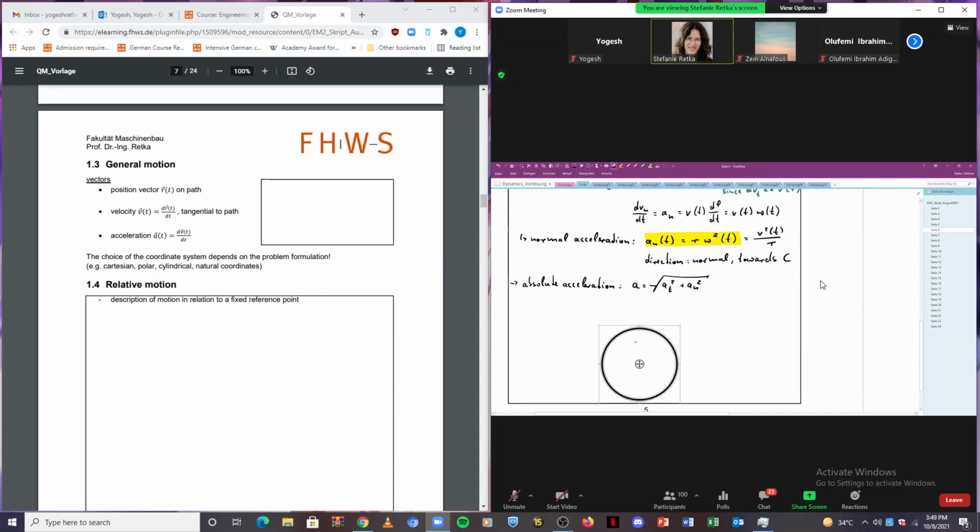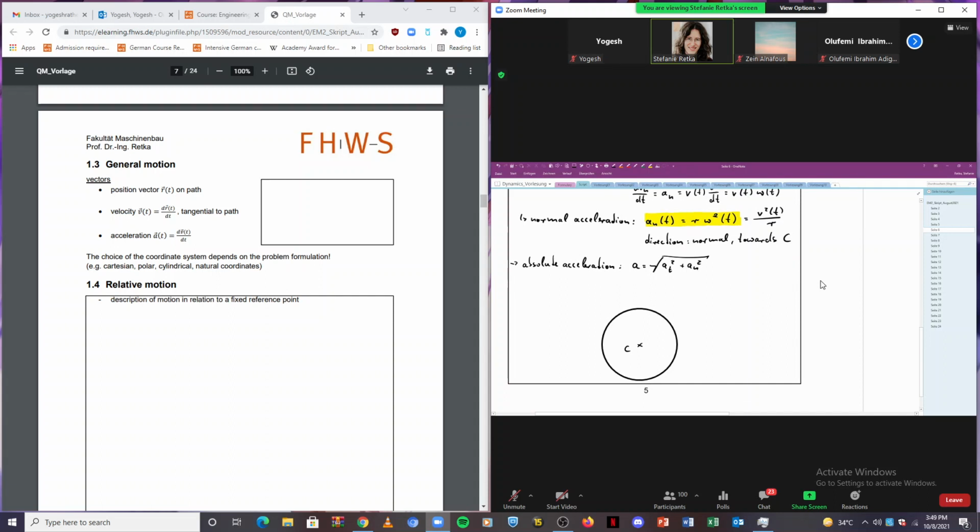This is our circular path, and we have a point mass moving along this path. Here's our center. And now let's assume that our point mass is right here at some point in time. Okay. So this is our radius of the circle.